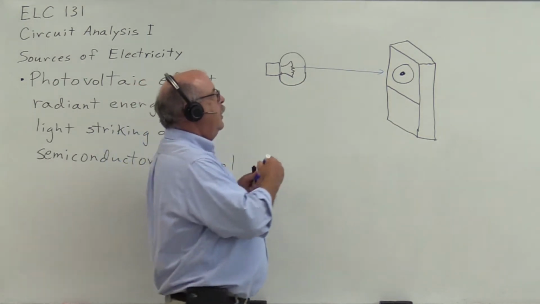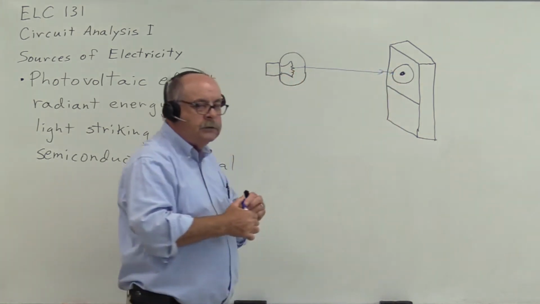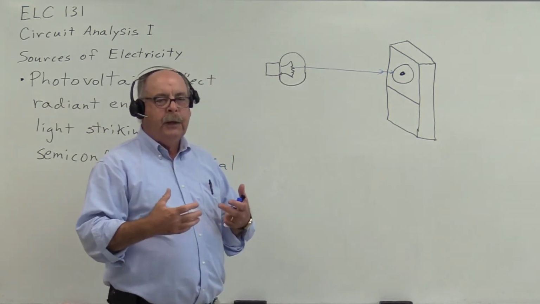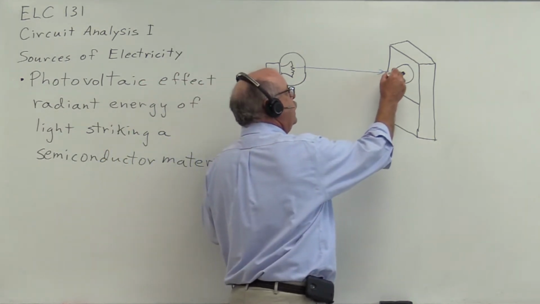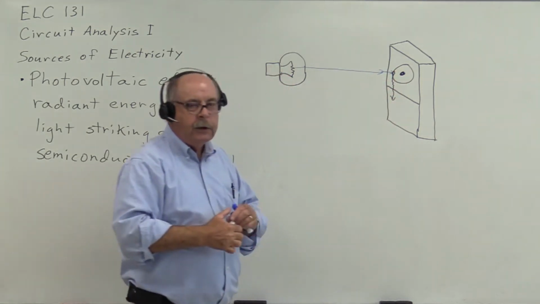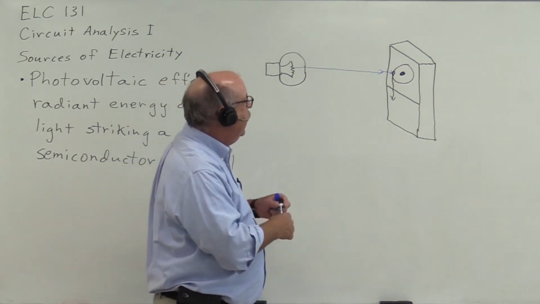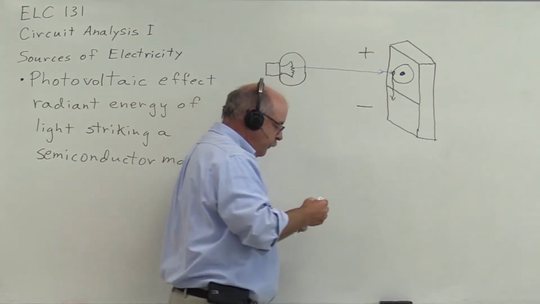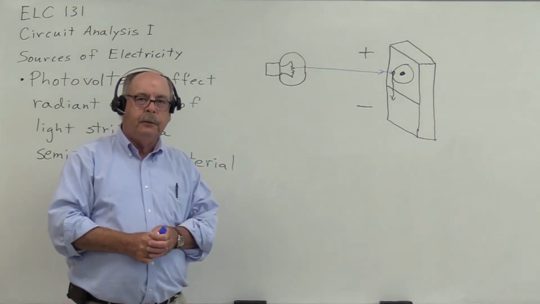If this photon strikes an electron, it knocks that electron loose. We've talked about this earlier. If we add energy to an electron, it leaves its valence orbit. And that electron migrates from one side of the semiconductor material to the other side, therefore creating a charge differential from one side of the semiconductor material to the other.